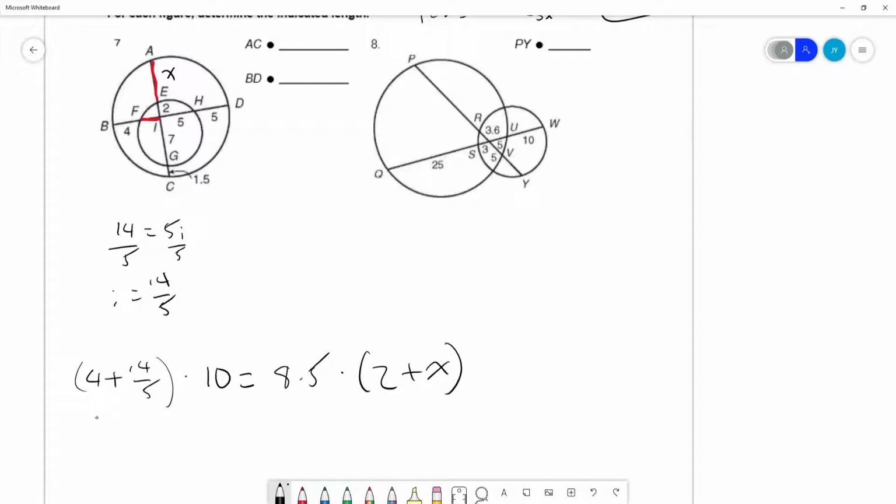So let's quickly solve this out. Multiplying it out, 68 is equal to 17 plus 8.5x.